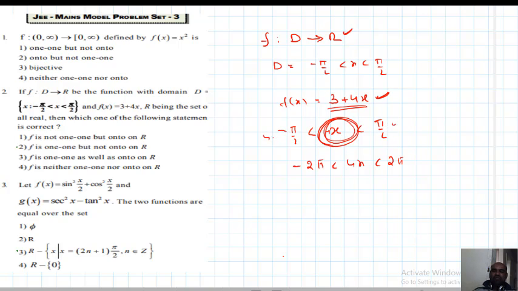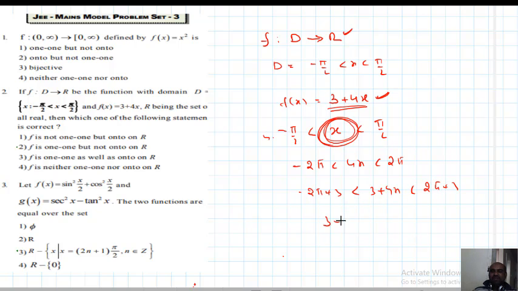4, 4, 4, the two 2s are like that. So multiplied. Okay. Next, 3 added. Minus 2 pi plus 3 less than 3 plus 4x less than 2 pi plus 3.